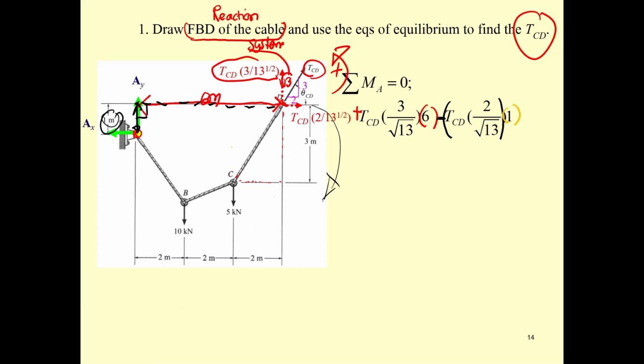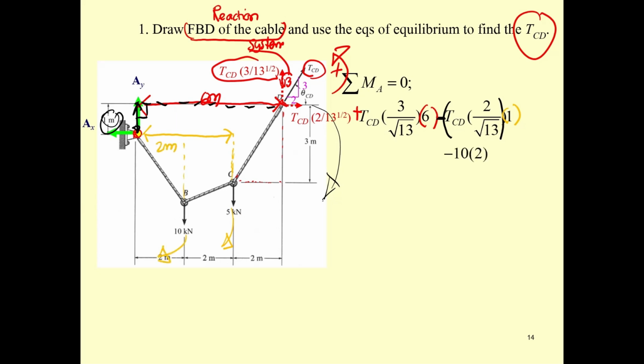Then 50 kilonewton has to be times the moment arm of 4 and rotates in this direction, negative. And this one also, 10 times this 2 meters, rotates in this direction.